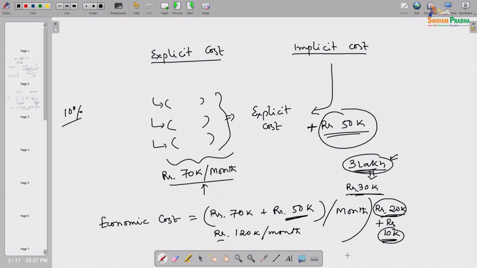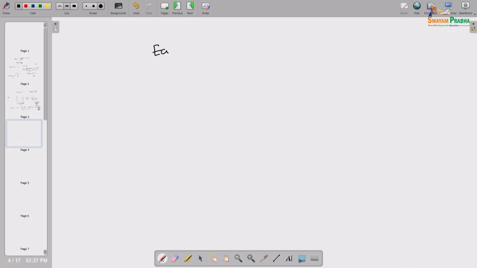So, your economic cost is a combination of both. When you as an entrepreneur combine total cost and total revenue, revenue minus cost is your profit, that is called economic profit. Let me summarize.